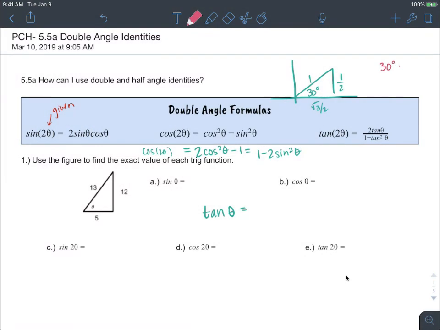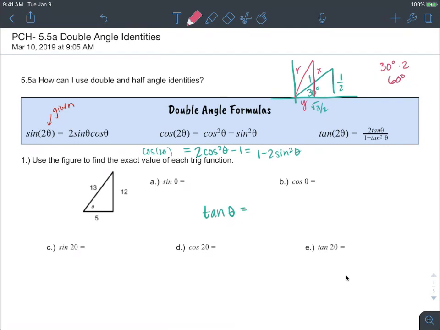So 30 degrees times 2 is 60 degrees. So we'll be able to figure out our x and our y and our r. So again, we're using a smaller angle to double the angle to find the ratios.